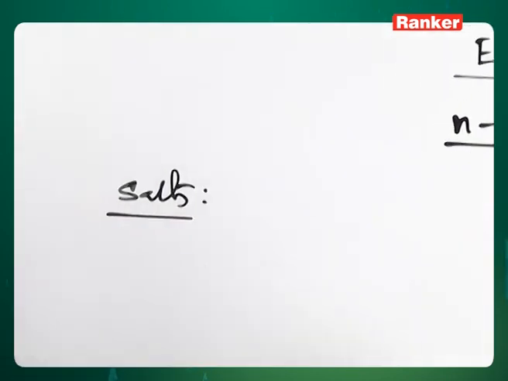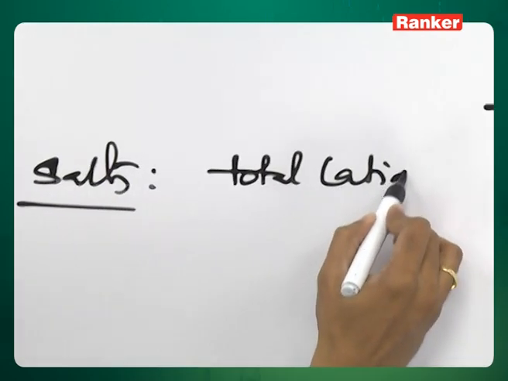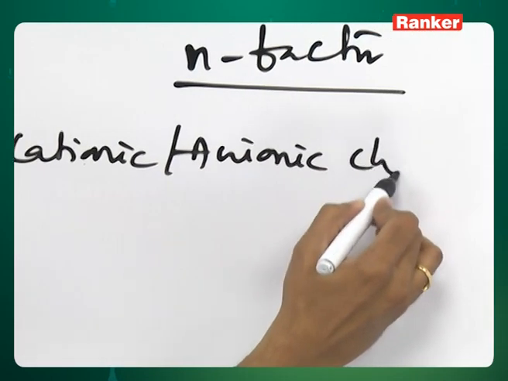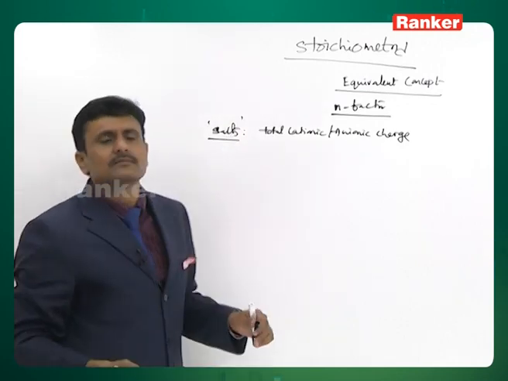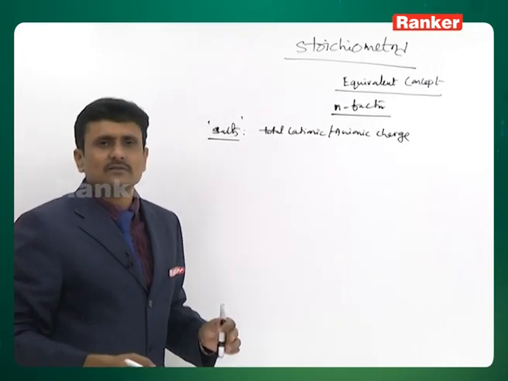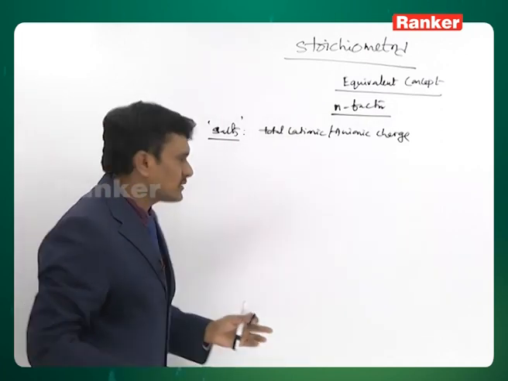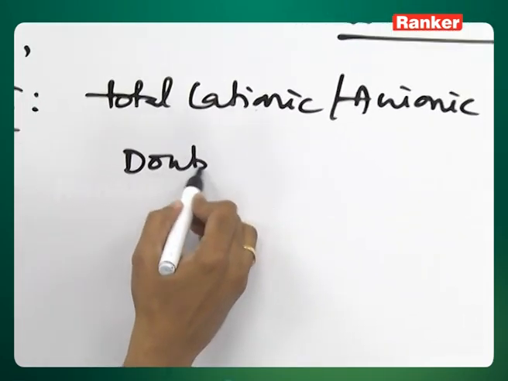The n factor of salts is actually the total cationic or anionic charge, because we are speaking about the neutral salts which are not undergoing any sort of redox reactions. So, the total cationic or anionic charge should be taken as the n factor in the double displacement reactions.